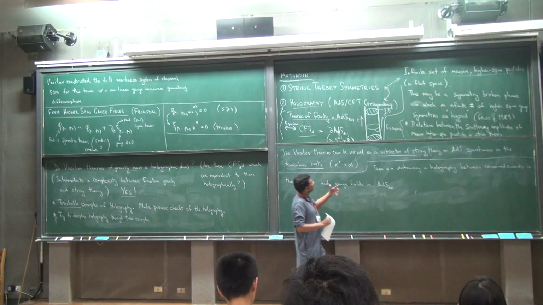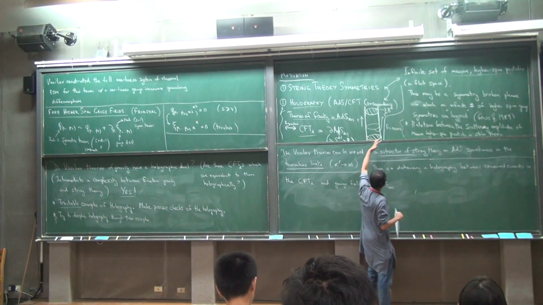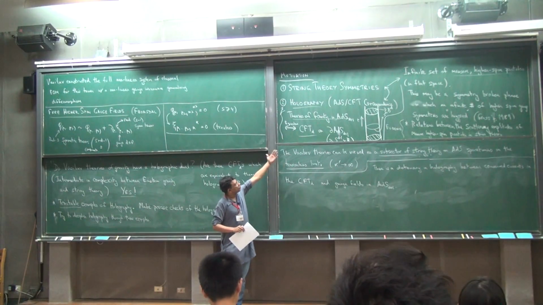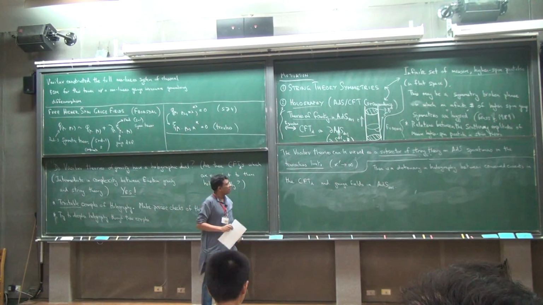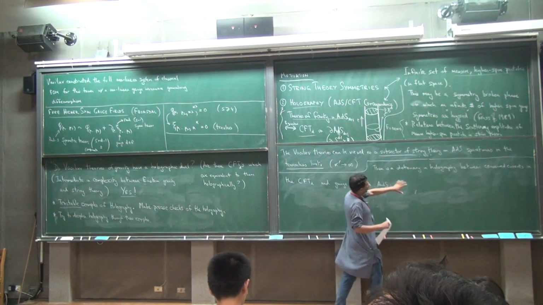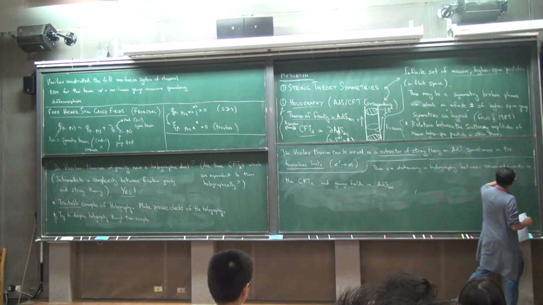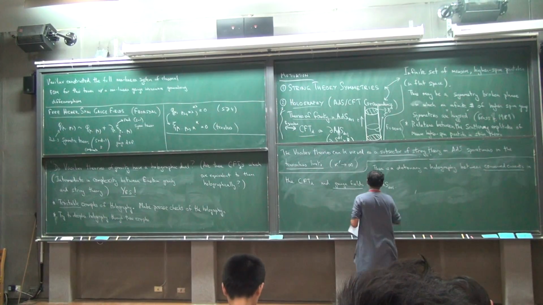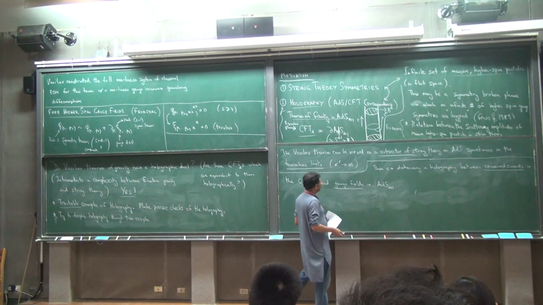and that operators in the quantum field theory are dual to fields in the bulk, and in particular the operators corresponding to conserved currents are dual to gauge fields in AdS d plus 1.